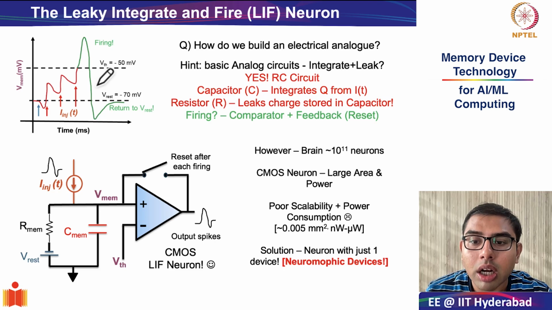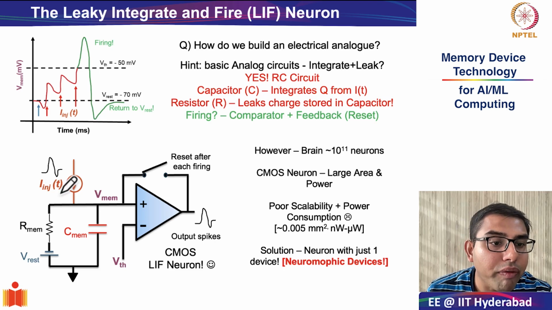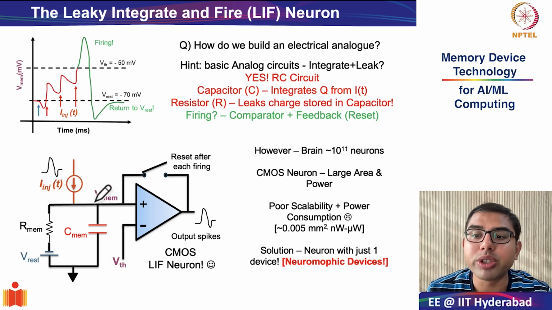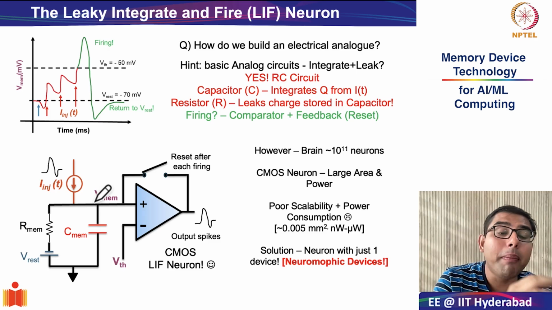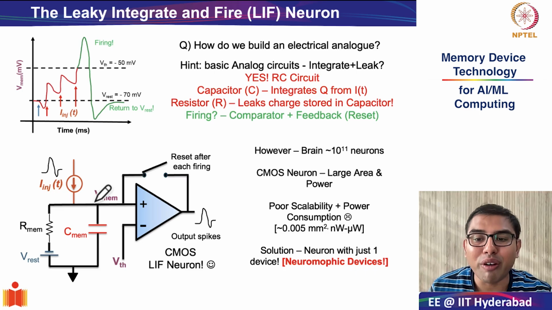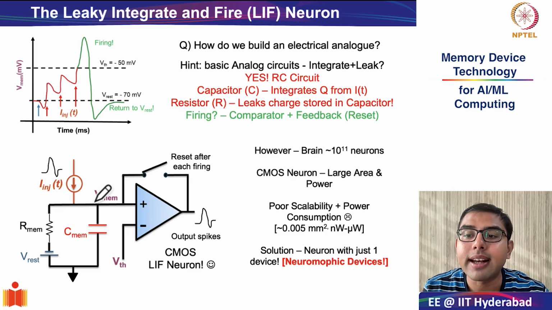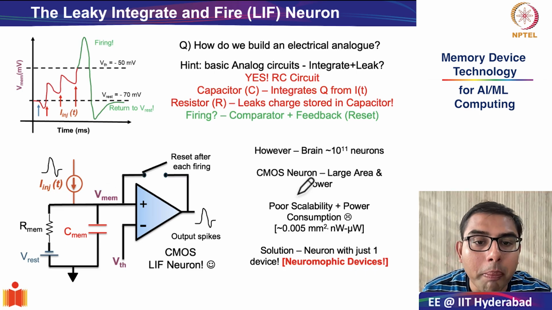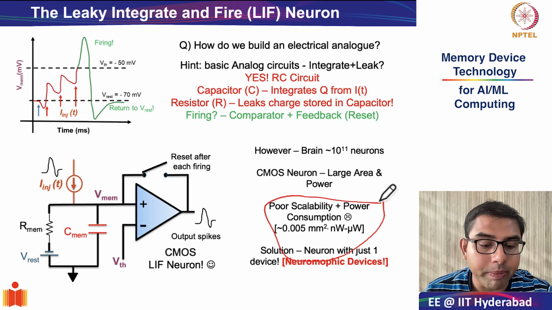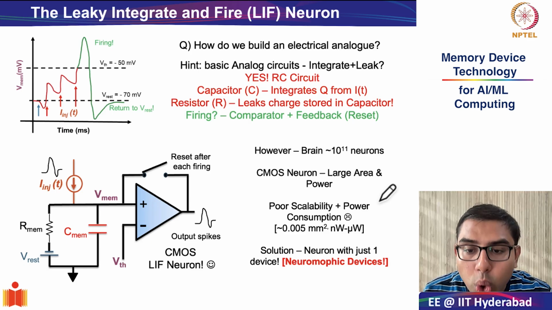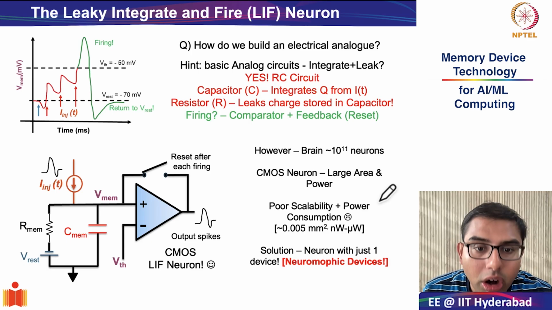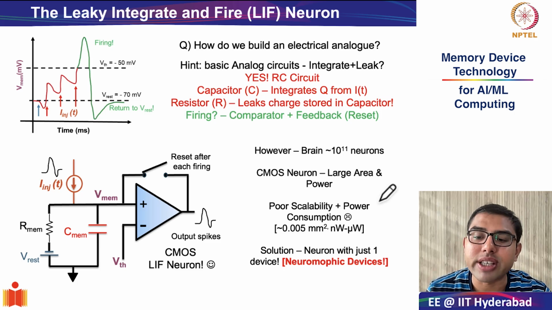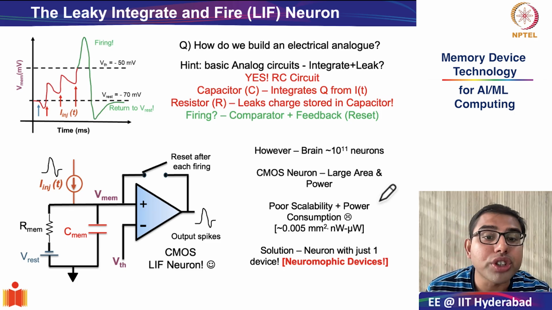However, the LIF neuron, built using an RC circuit and a threshold comparator, although able to mimic integration, leakage, and firing, comes at a large cost of both power and area scalability. Therefore, in today's class we want to look at how to build neurons that can mimic all this function with just a single nanoscale device. That is the focus of our class today.